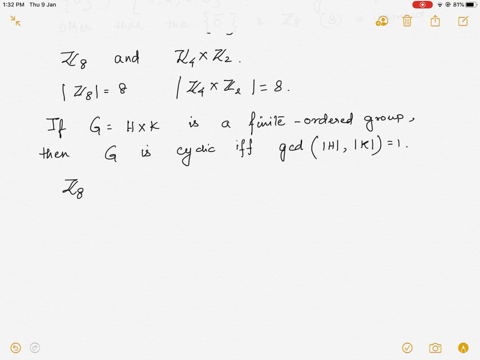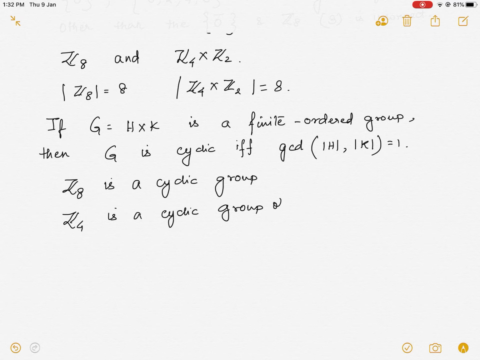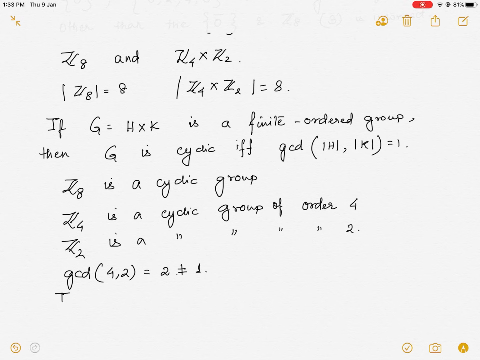Now we know that Z8 is a cyclic group of order 8. Z4 is a cyclic group of order 4, Z2 is a cyclic group of order 2, and GCD of 4 and 2 is equal to 2, which is not equal to 1.